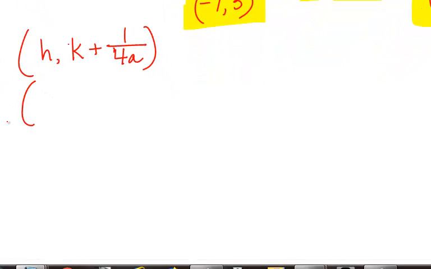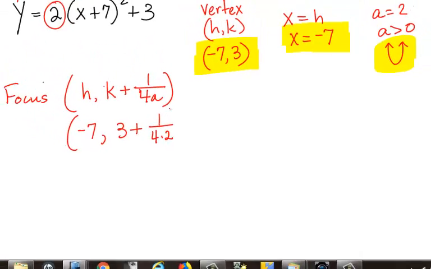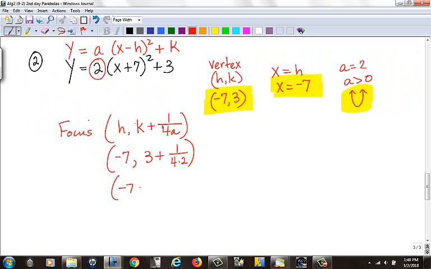So the focus should be -7, 3 plus 1 over 4 times 2. So -7, 3 and 1/8. And don't go to decimals, just leave it in fraction form. Reduce your fraction. So that's your focus.